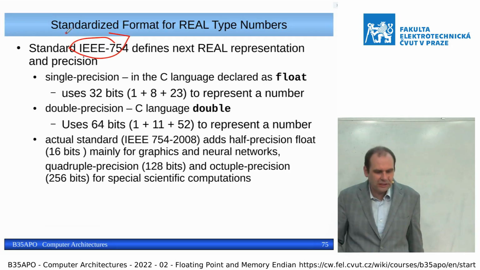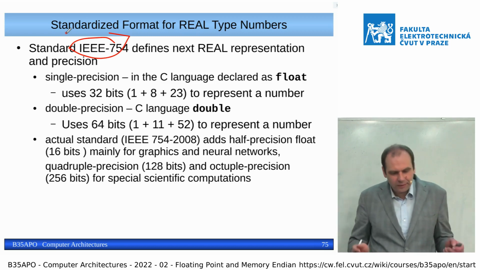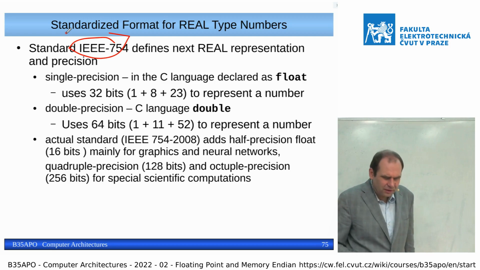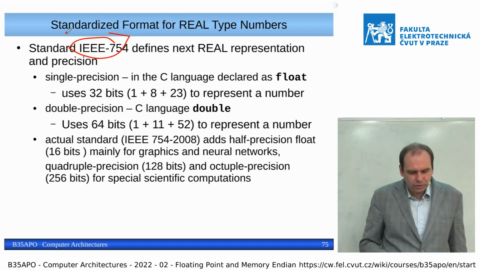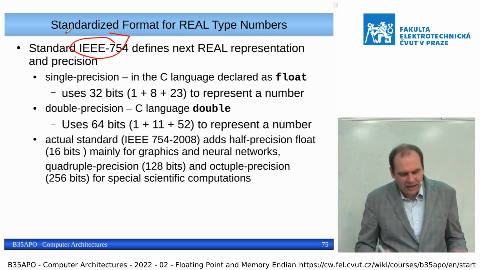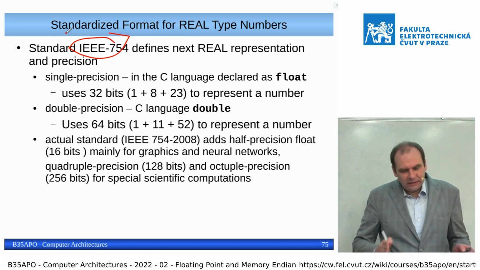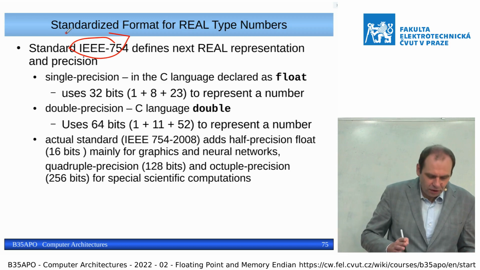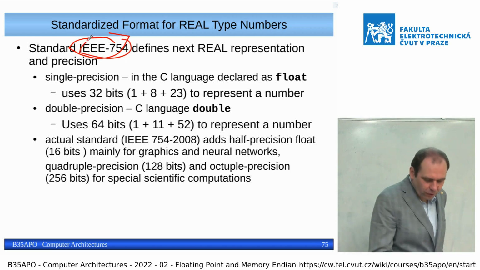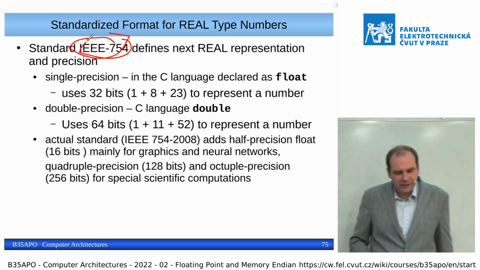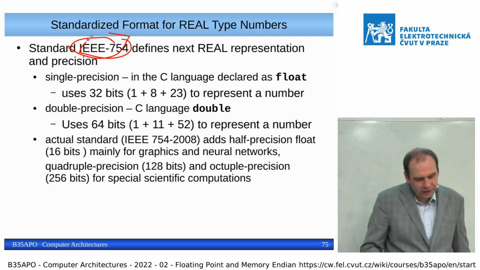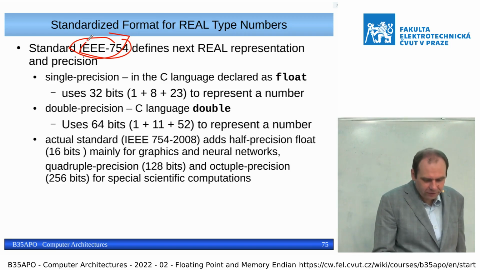It is based on some IBM and then Intel work and so on, and it is a standard which is used on almost all architectures. Basically, you can have a different width of the integers, of the characters and so on, but for floating points, most of them keep this definition, because it is useful and algorithms are defined for it.